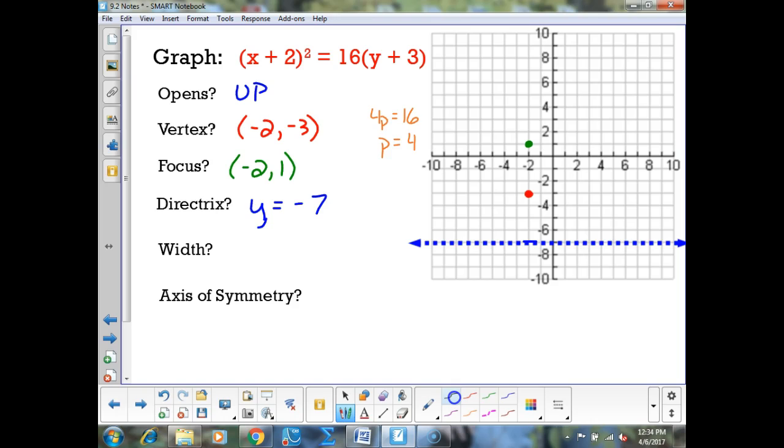So that means 8 on each side. 1, 2, 3, 4, 5, 6, 7, 8.